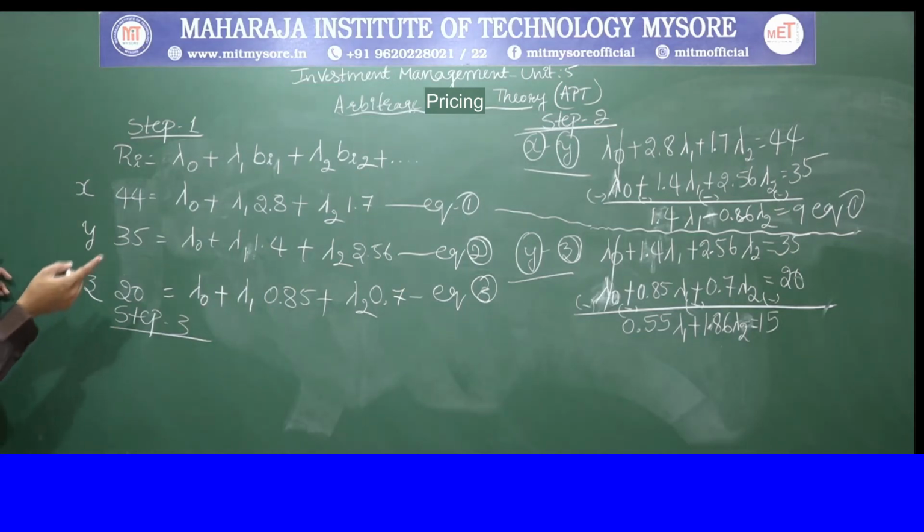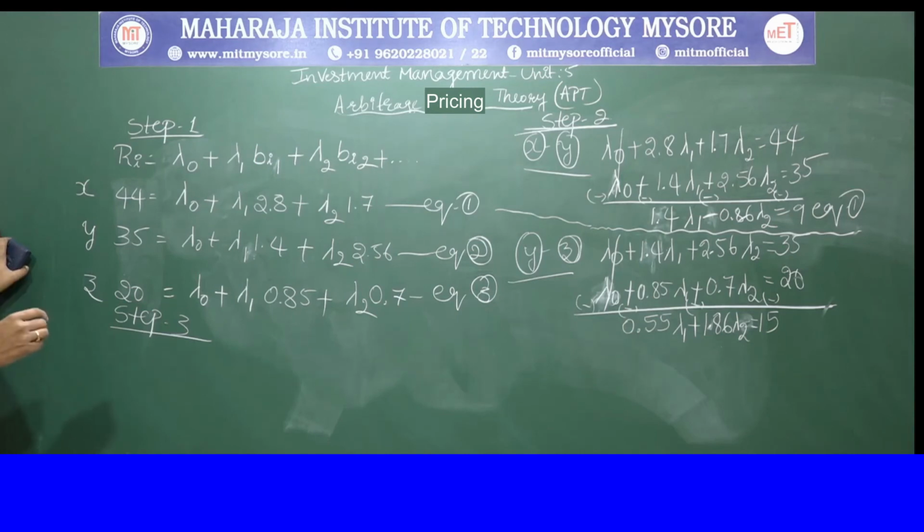Okay, so from step 2, we got 1.4 lambda 1 minus 0.86 lambda 2 equal to 9, one equation we consider. Then the second equation, 0.55 lambda 1 plus 1.86 lambda 2 is equal to 15. So, we consider both.